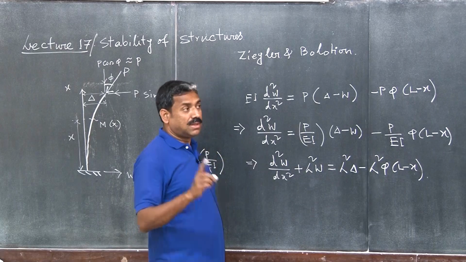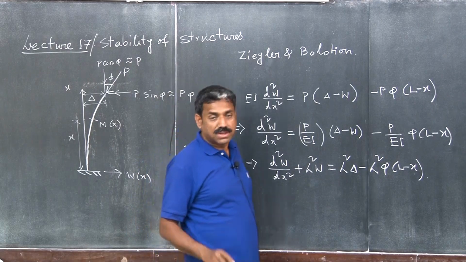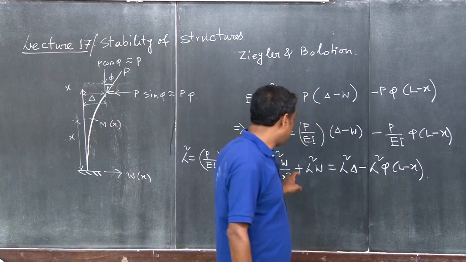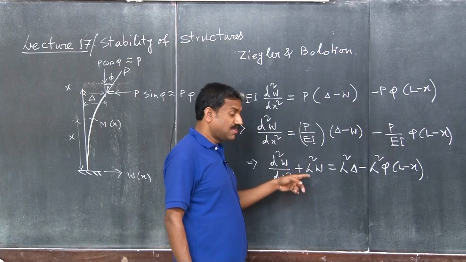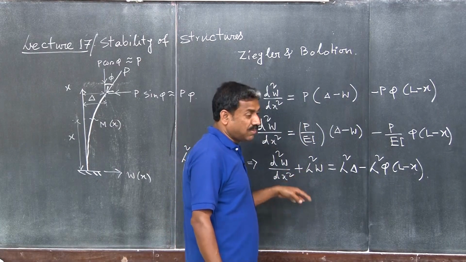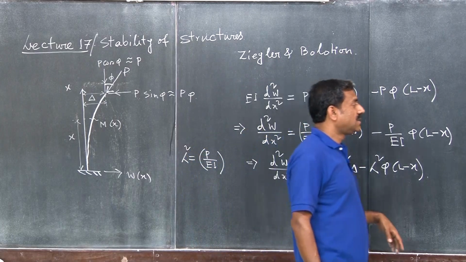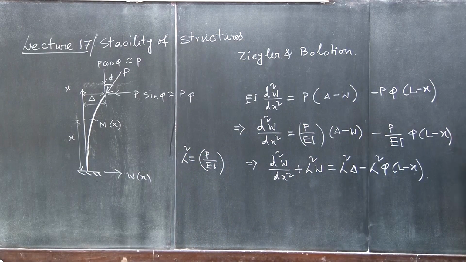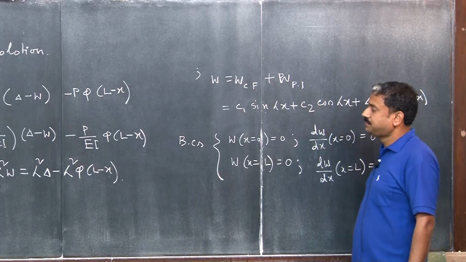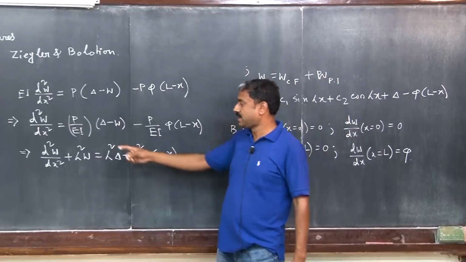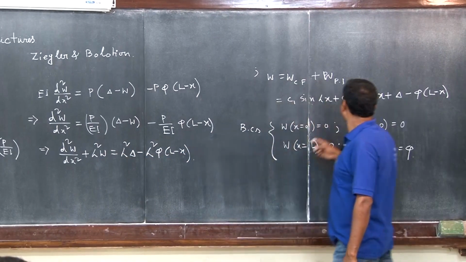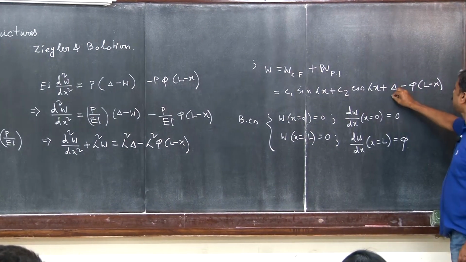So it will have a complementary function and a particular integral. The complementary function, of course, because it is D squared plus lambda squared, the D operator will be plus minus i lambda, a complex root, so it will consist of sine and cosine. The particular integral we find out using the differential operator, and we obtain something like this, right.